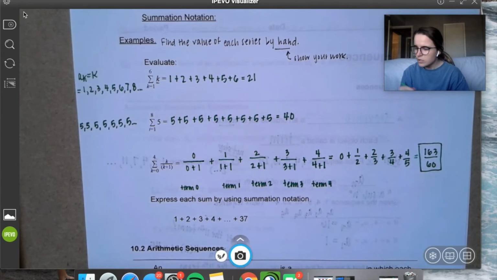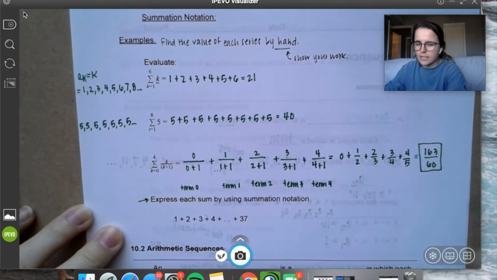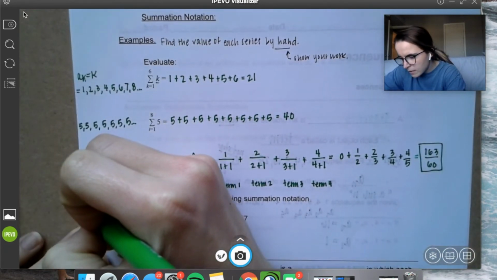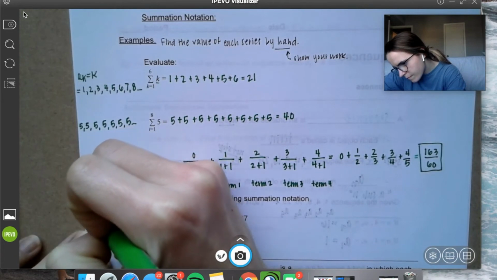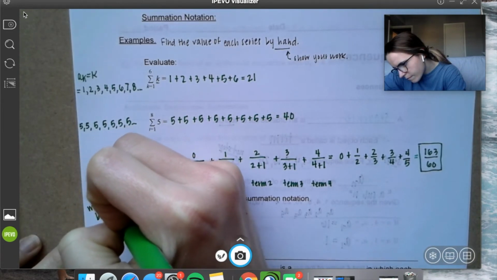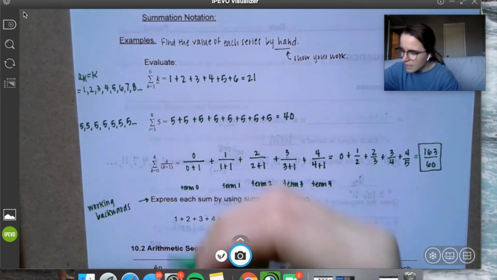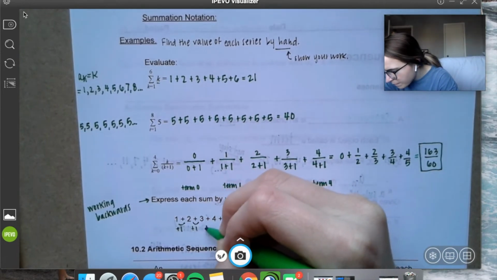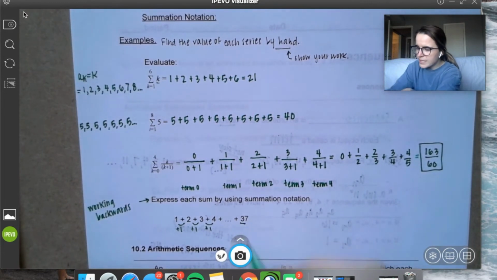Okay. So sometimes it's going to say express each sum by using summation notation, and it'll write it out like this. So basically you're working backwards. And this is where you have to start using your brain a little bit more. You can see that we're adding 1 each time. And we go up to 37.